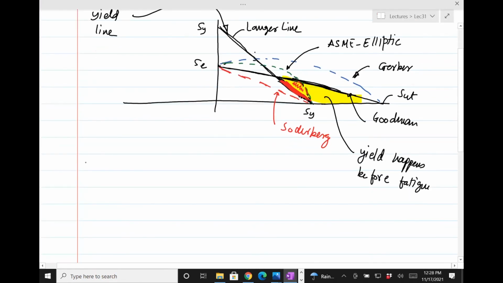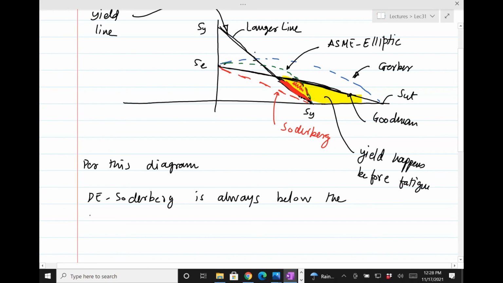So for this diagram, the Soderberg is always below the yield line, as you can see from the figure I drew, because this is the Soderberg line.